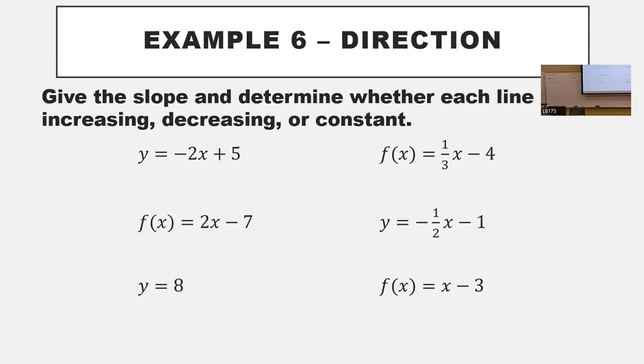So let's take a look at these lines and just state whether they're increasing, decreasing, or constant. I can do that for all of the 4 lines that we just graphed, and then there's a couple of new lines at the end. You can confirm this either by the graph or just by straightforward reasoning. So these first four are all in slope-intercept form. We have y equals negative 2x plus 5.